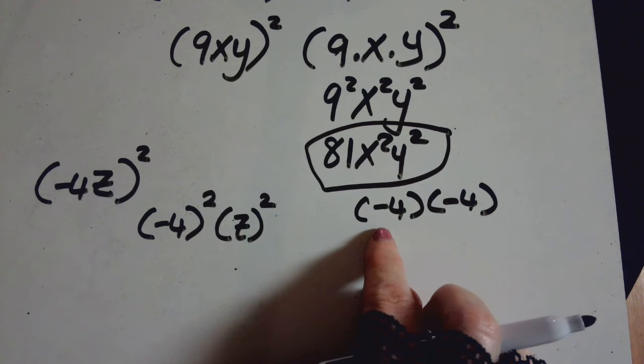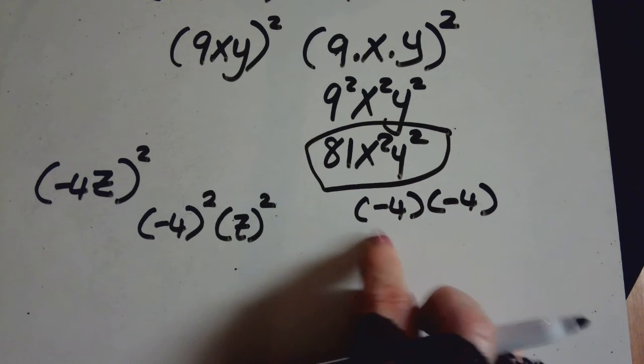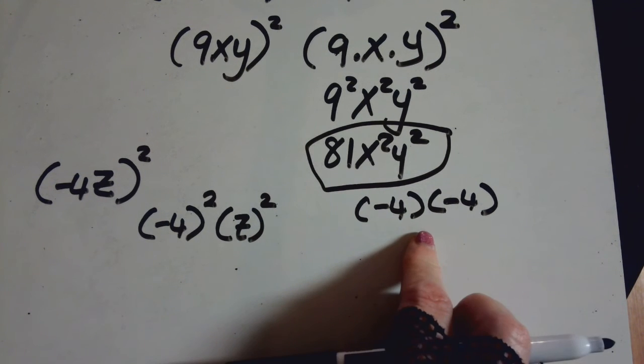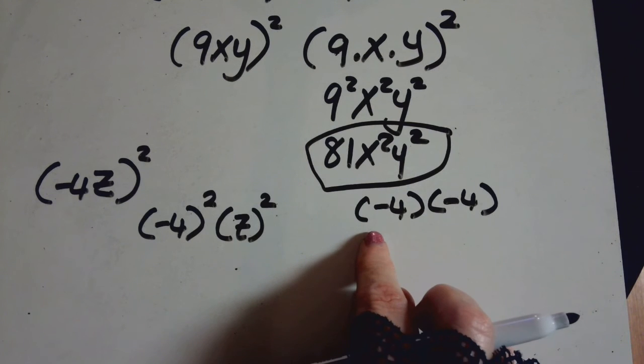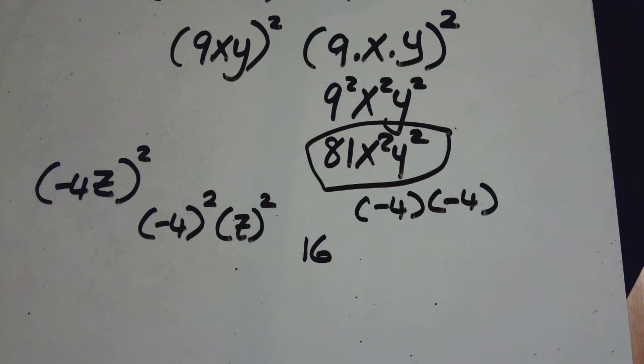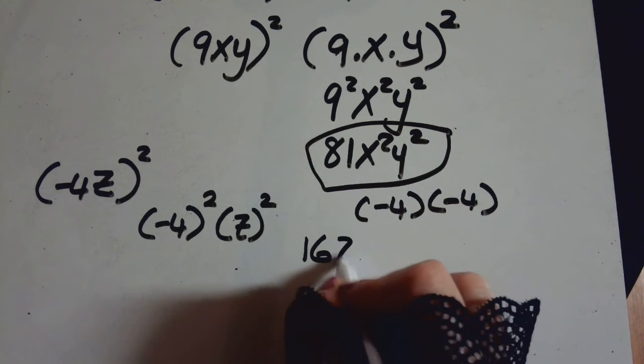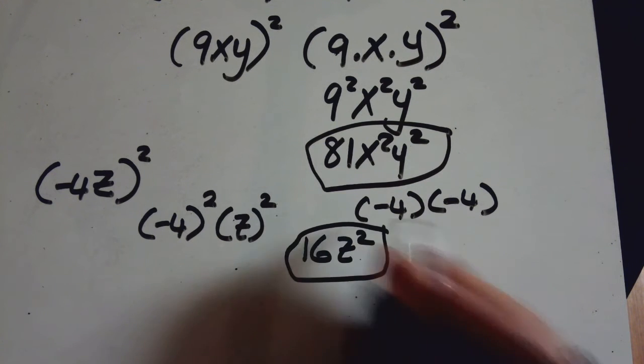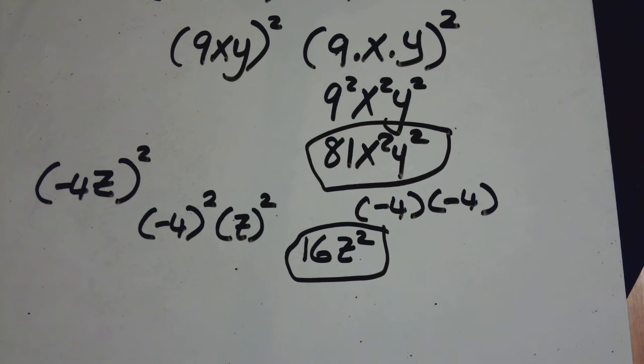And remember, if you put this in your calculator, put parentheses around it. That means negative 4 times negative 4, that's going to be positive 16. Okay, a negative times a negative is always a positive. And then z to the second power, and that is your final answer.